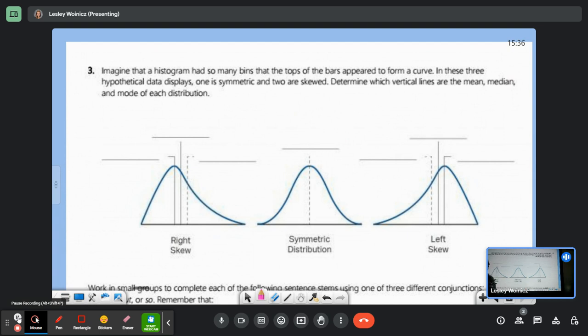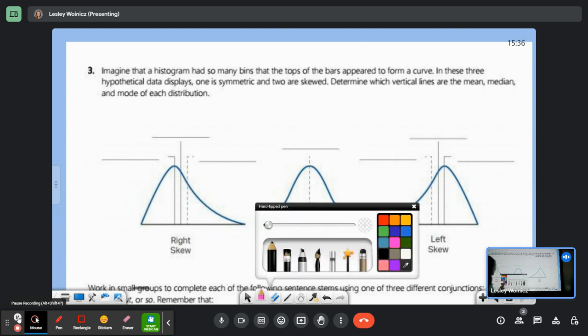Okay, so imagine that a histogram had so many bins that the tops of the bars appeared to form a curve, like infinitely many bins where they just make a curve. In these 3 hypothetical data displays, one is symmetric and 2 are skewed. So we have to find the mean, median, and mode for each. I'm going to tell you this little secret.